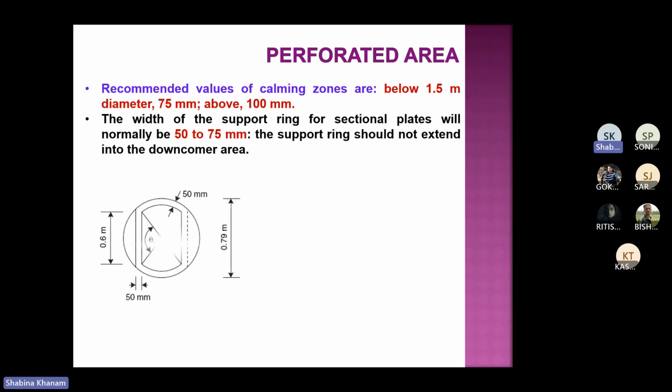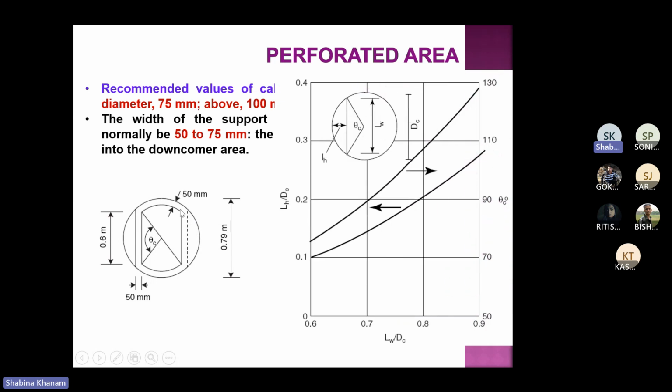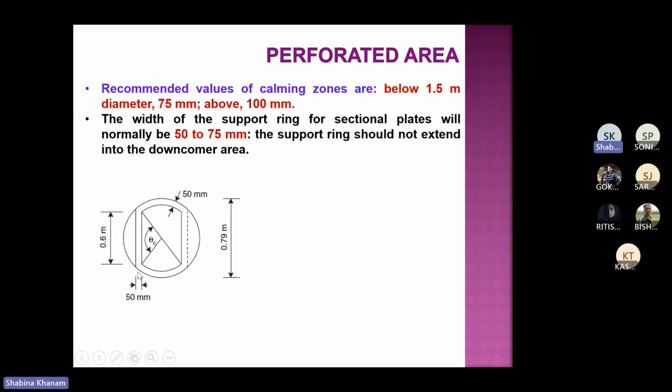Okay, so if you see here, I have this as the column area, and if you consider this is LW. Okay, this is LW, and then this particular section is called the net area. And this is calming zone, this is calming zone, this is calming zone, and this is calming zone.